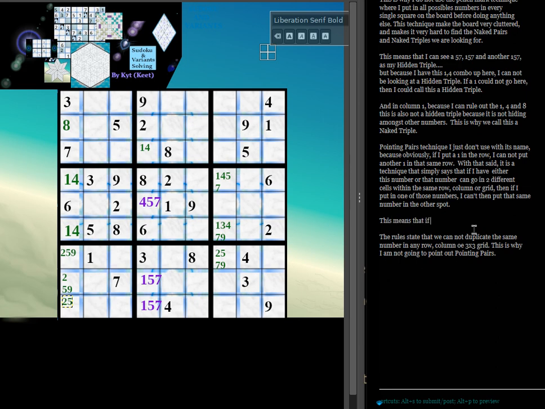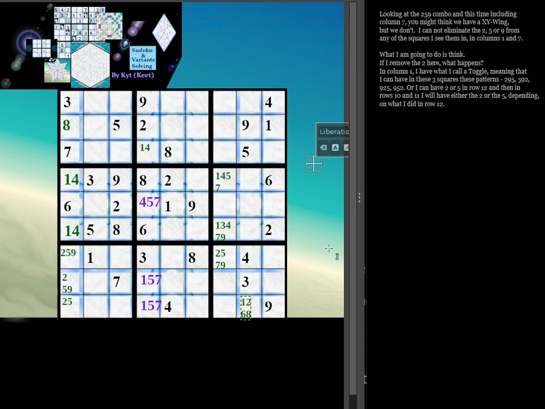This means that if I make this a 1 in row 4, I cannot make row 6 also be a 1. The rules state that we cannot duplicate the same number in any row, column, or 3 by 3 grid. This is why I'm not going to point out pointing pairs.